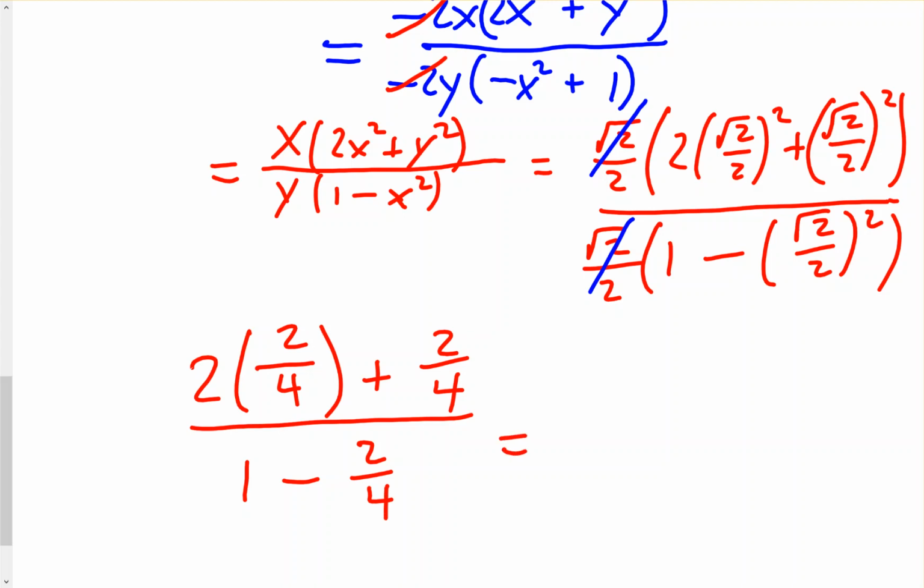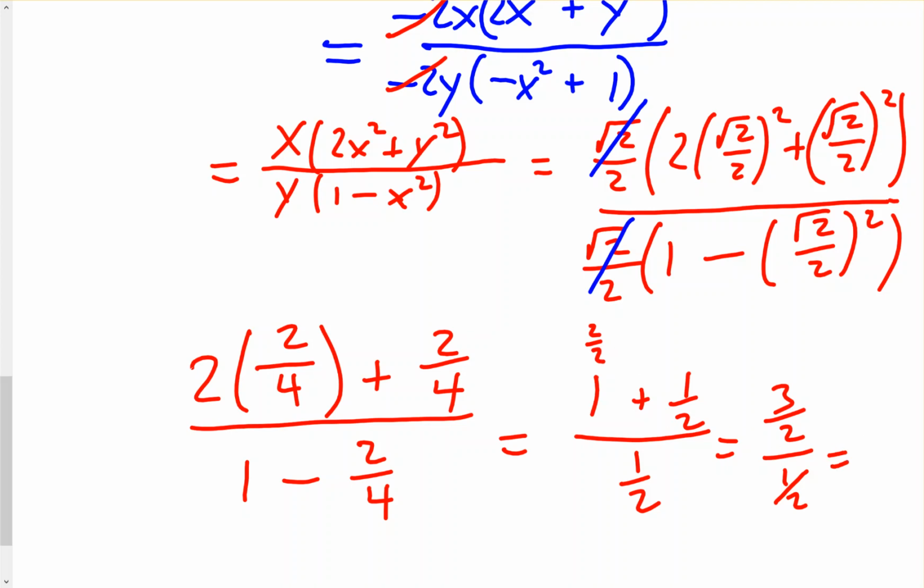Okay, so 2 over 4 is 1/2. 2 times 1/2 is 1. We have 1 plus 1/2 over 1 minus 1/2, which is 1/2. So we have 3 halves over 1/2. If we make the 1 equal 2 halves, that becomes 3 halves over 1/2, which will just be 3. Okay, so that's our slope.